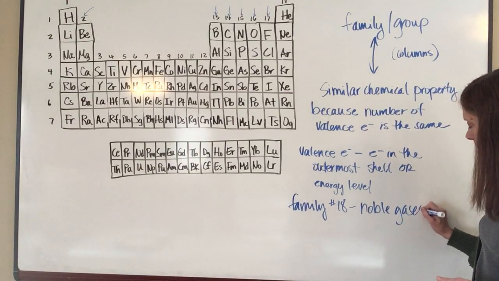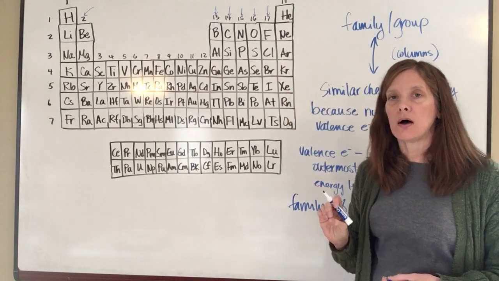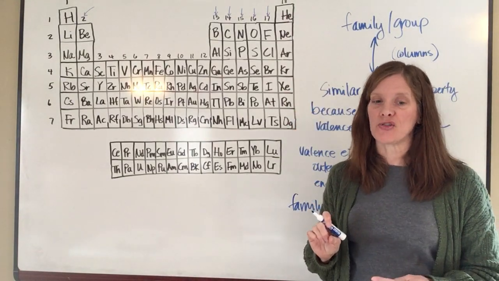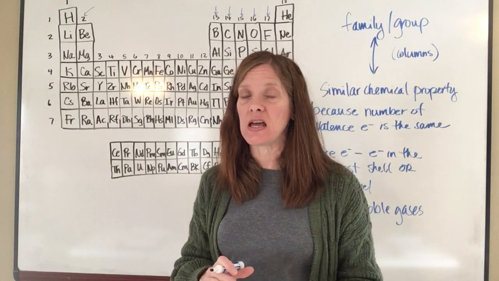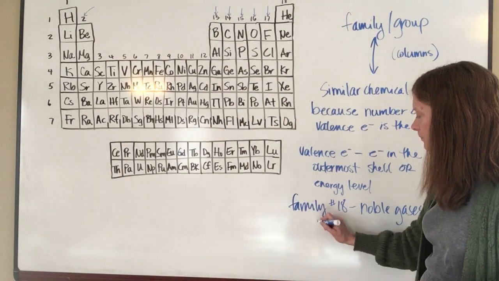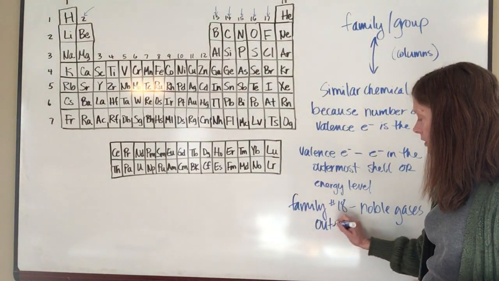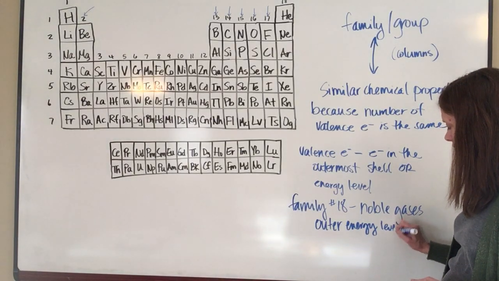And what's true about the noble gases is that their outer energy level of electrons is full. They have the maximum number of valence electrons that can fit within that energy level. And so for them, the outer energy level is full.